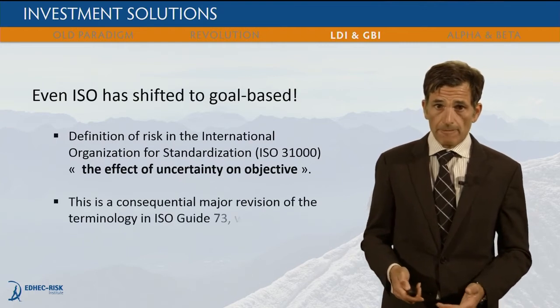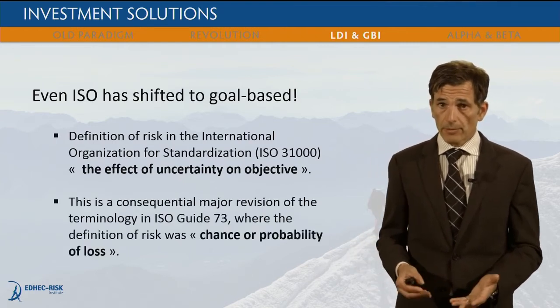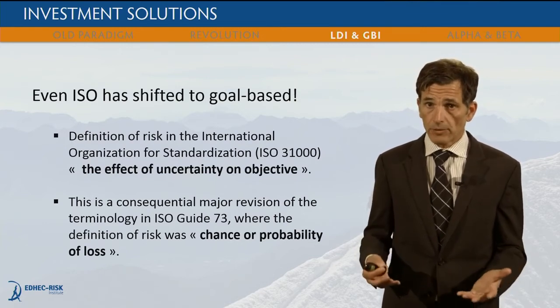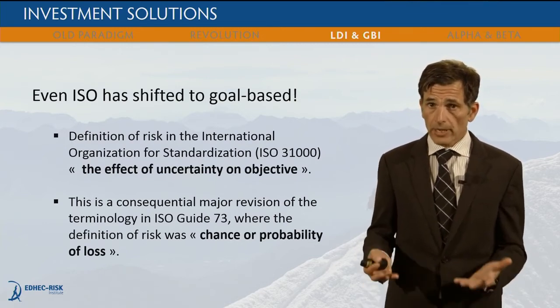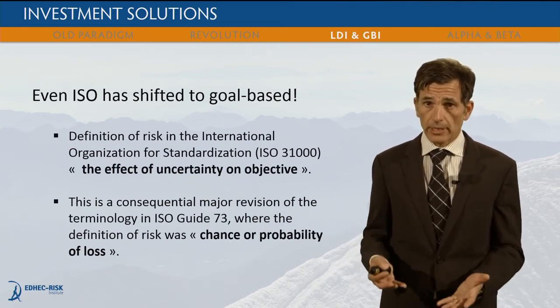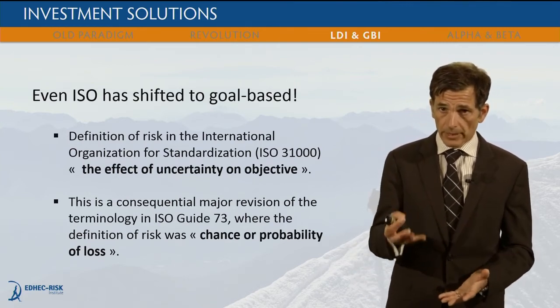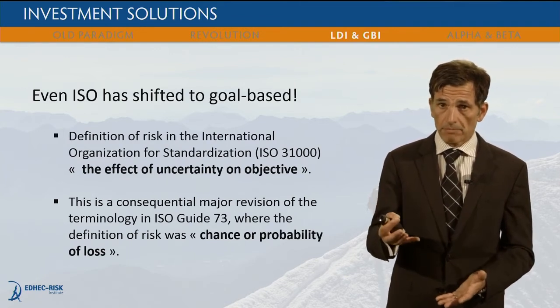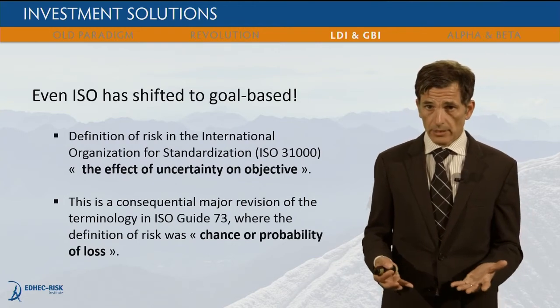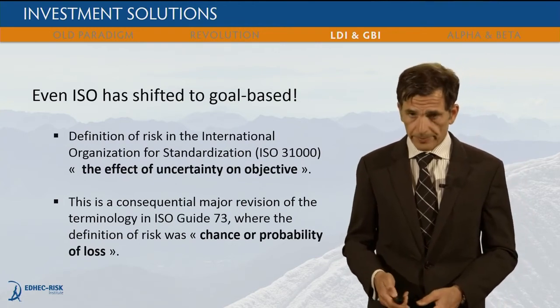This is very much different from the previous definition of risk, which was the chance or probability of a loss. The very concept of a loss is somewhat irrelevant. What matters is an investor's ability to meet a meaningful objective. That's the only thing that matters, and this is the only meaningful definition for risk.